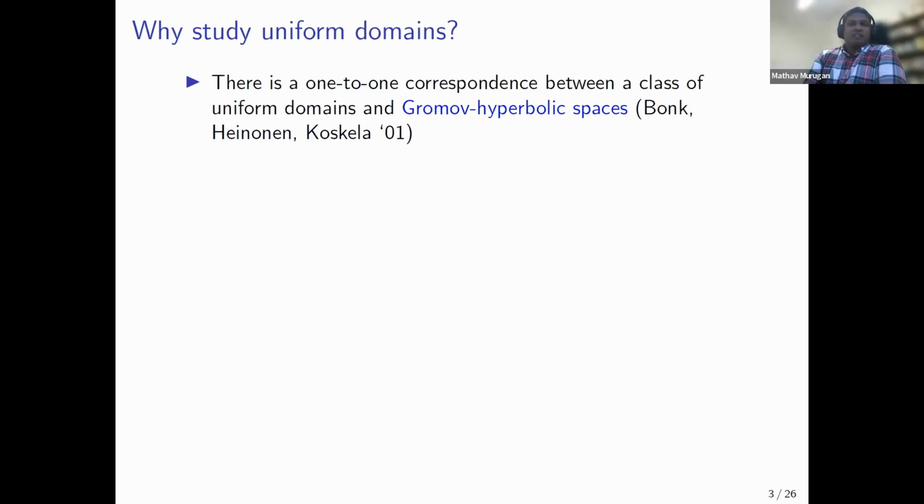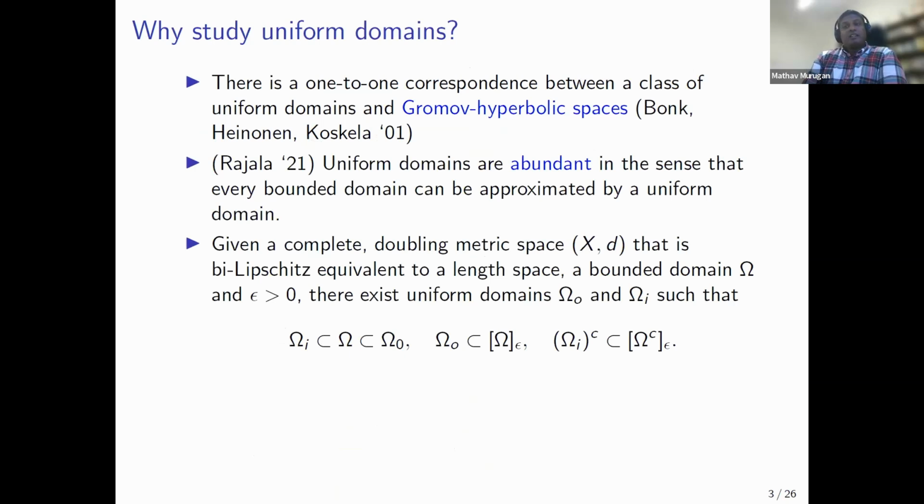I'm not going to define Gromov hyperbolic spaces since it's not going to be important for this talk. But another reason which I really like is that uniform domains are abundant, in the sense that every bounded domain can be approximated by a uniform domain to arbitrary precision. This is what I mean by that.